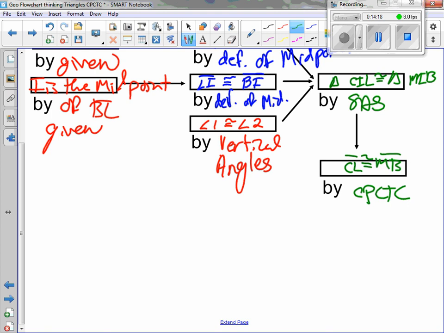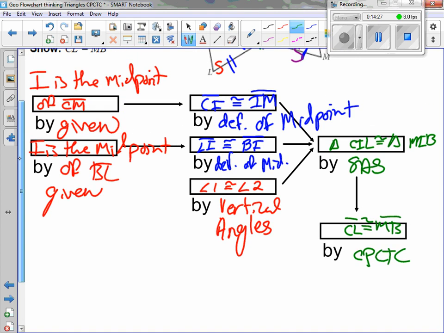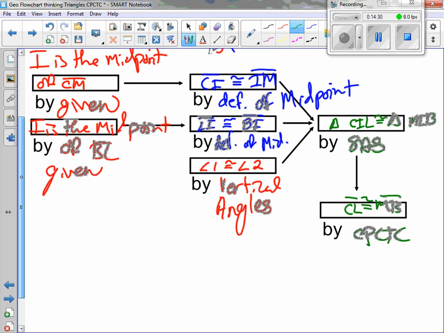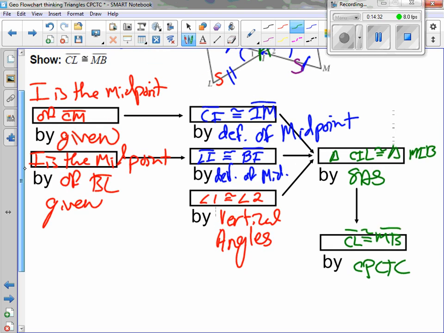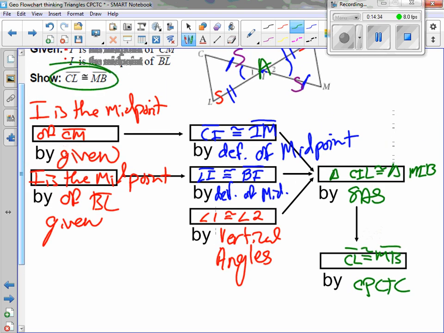CPCTC. Because once I prove that the triangles are congruent, their corresponding parts have to be congruent as well. Or is it MB? MB. Yeah, because what we wanted to prove was CL and MB were congruent. And that's it. Questions on this here?